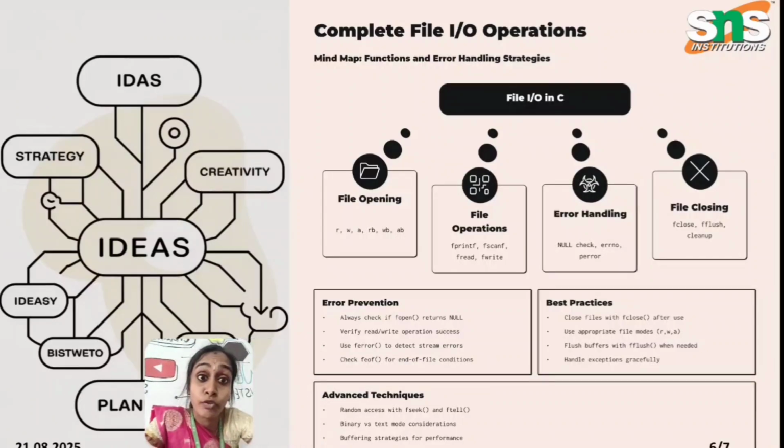It will be useful for you. Next, advanced techniques: random access with the fseek and ftell methods, and binary versus text mode considerations can be applied here. These advanced techniques we will go through in the next classes.